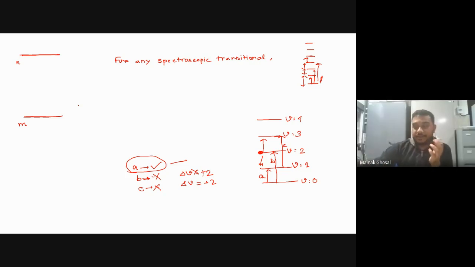If I give this much energy, understand this, this is a very interesting thing. Suppose you are giving an equal amount of energy corresponding to A; this transition is happening. If I give the same energy corresponding to B, will the transition from v equal to 0 to v equal to 2 happen?